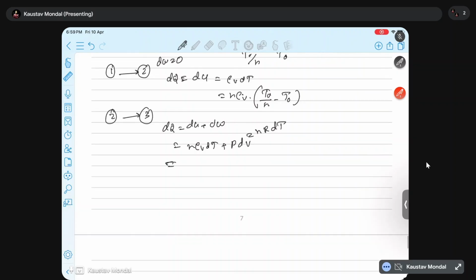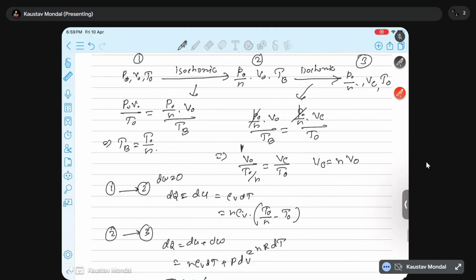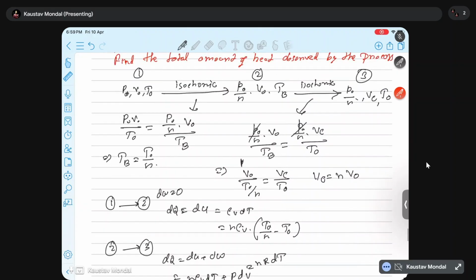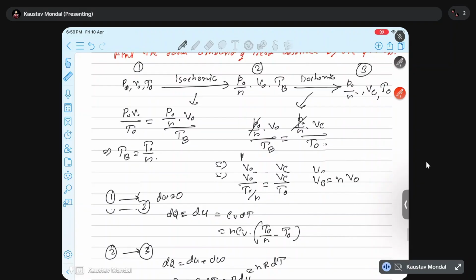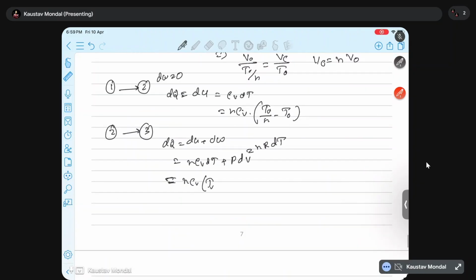So n Cv dT, the temperature changes from T naught by N to T naught, so T naught minus T naught by N. Also the volume change we are writing in terms of temperature, so nR dT will also become T naught minus T naught by N.